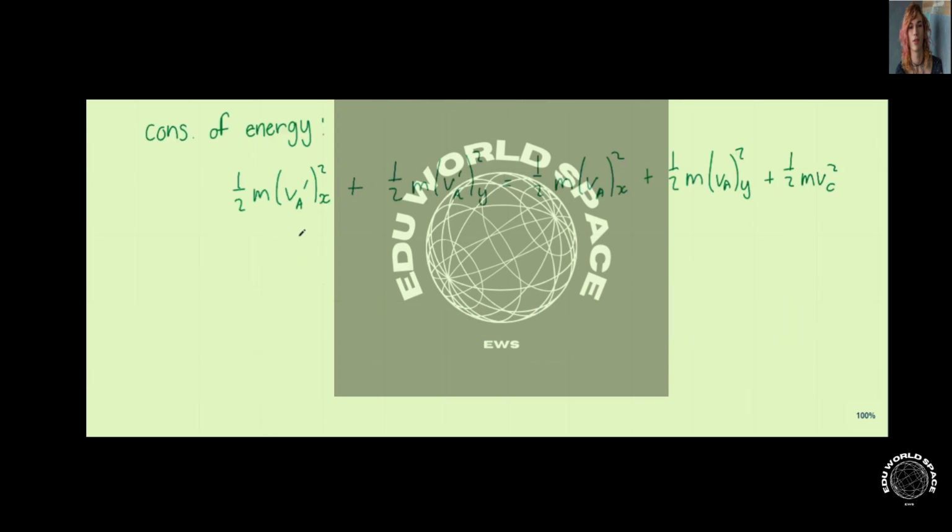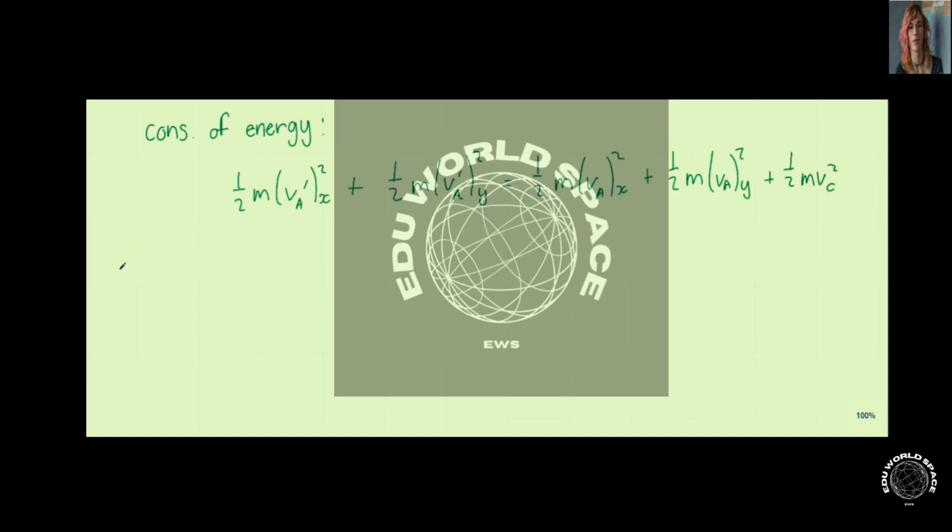So a very long expression from the conservation of energy. So now we'll substitute our values for the x and y components of vA prime in terms of v naught. And we also have expressions for vA.